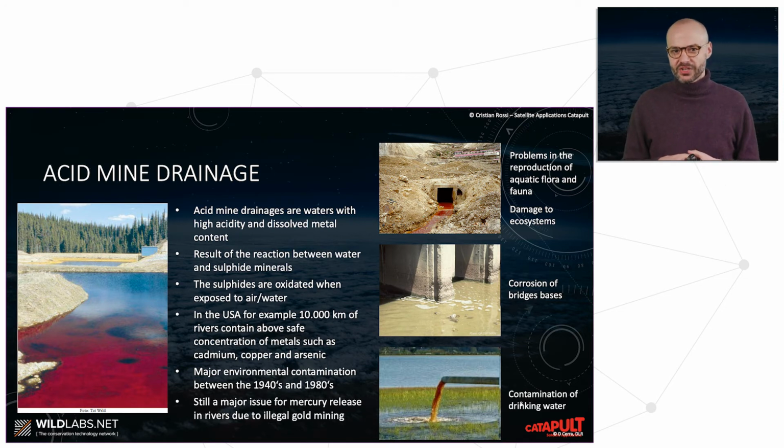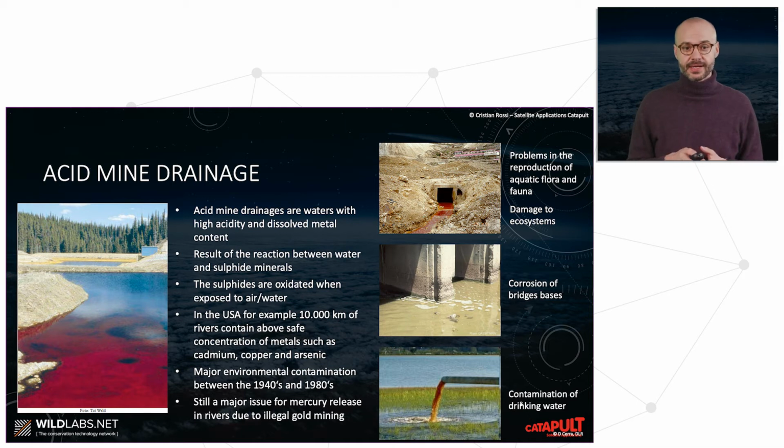This is obviously a bad phenomenon for the environment, and it's bad for many reasons, as you see there. So there is a potential contamination of drinking water, there is a corrosion of bridges, and there are general damages to the ecosystem. So clearly, this is something that must be avoided. It's a major environmental contamination.